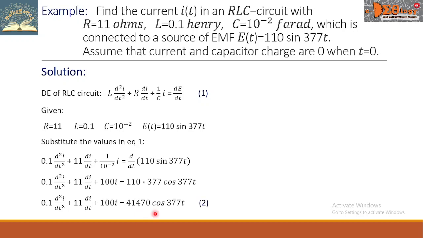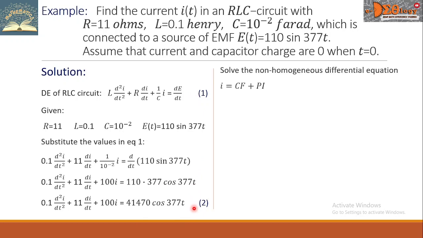Let us consider this to be equation number 2. This equation number 2 is a non-homogeneous differential equation, and the general solution will be I is equal to CF plus PI.